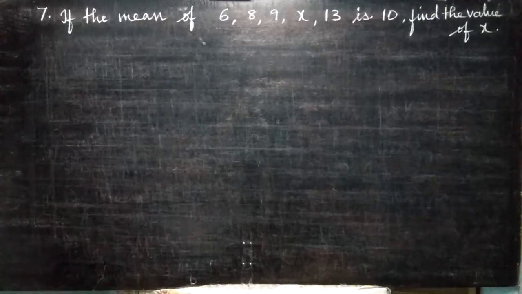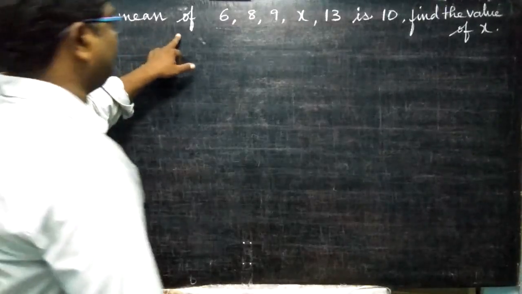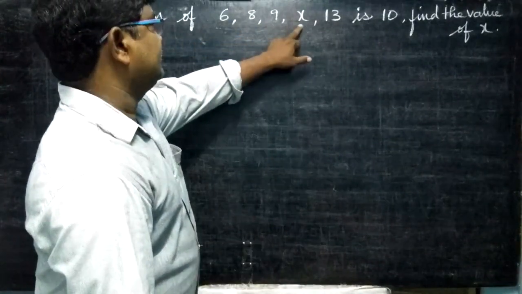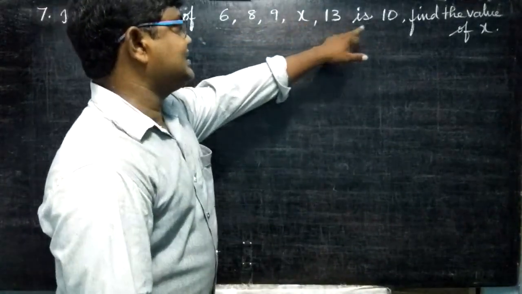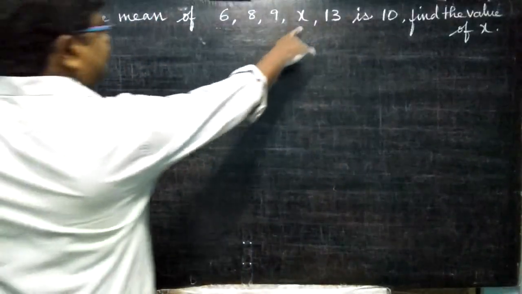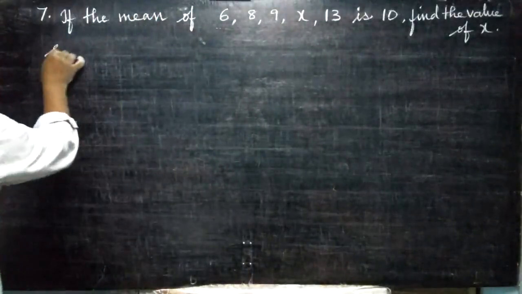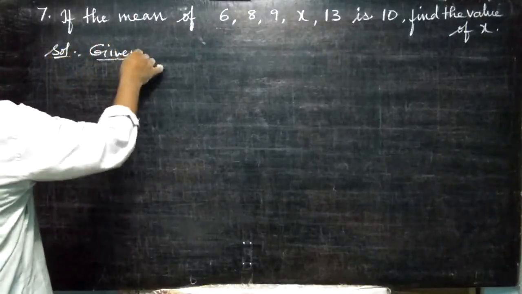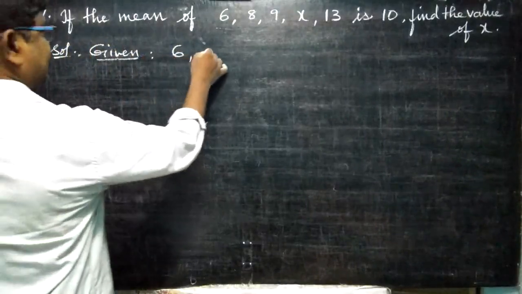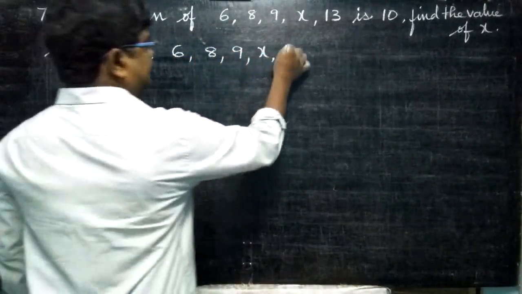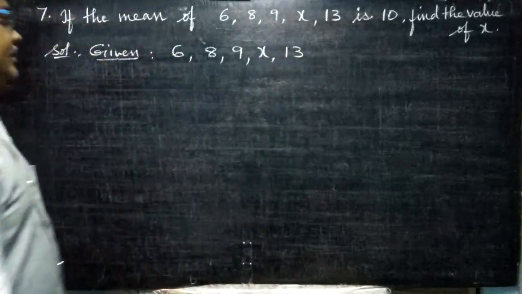Seventh problem. If the mean of 6, 8, 9, x, 13 is 10, find the value of x. X is the unknown. We have to find the value of x. The observations given are 6, 8, 9, x, 13.